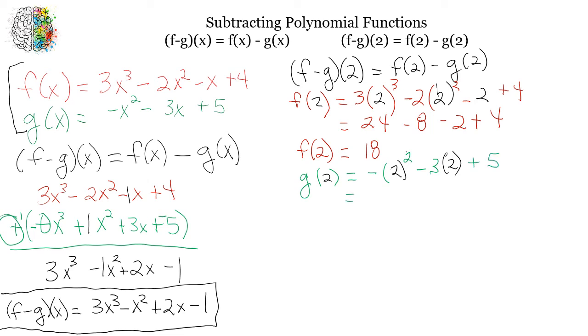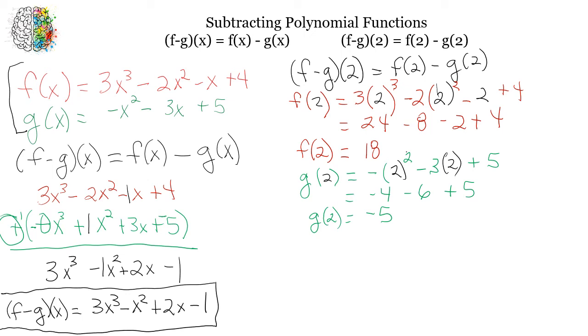So 2 squared is 4, that's a minus 4. 3 times 2 is 6. Plus 5 is going to give me a negative 5. So g of 2 is going to give me a negative 5.